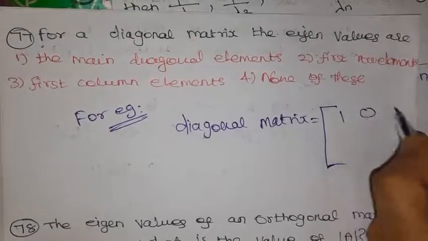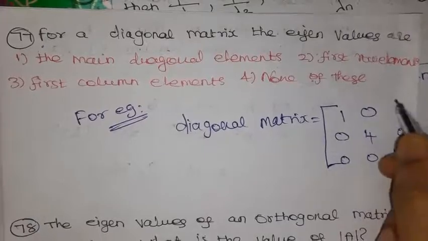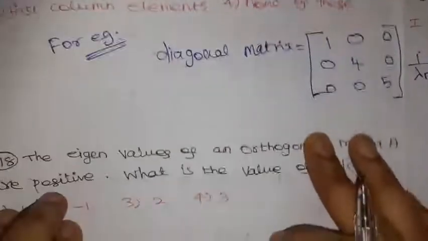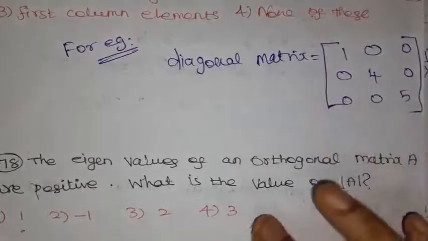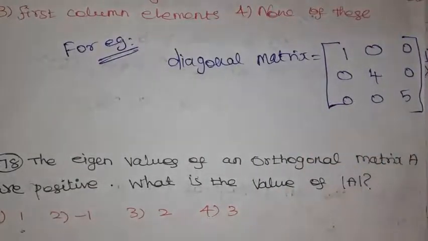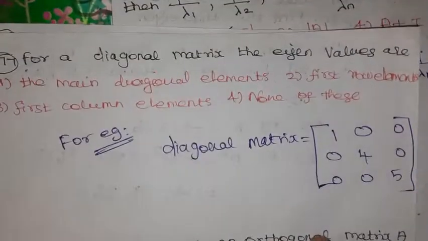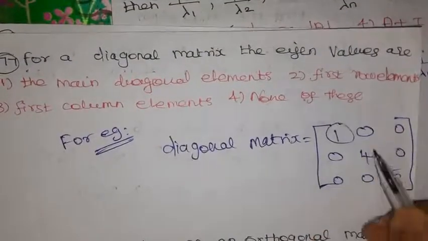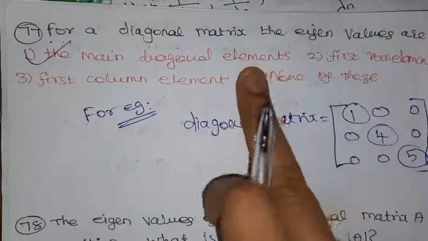The remaining part is 0. 4, 0, 0, 0, 5. So, these are the diagonal values. This is an example of a diagonal matrix. It has values only in the diagonal elements, and the rest of the values are 0. So, for a diagonal matrix, eigenvalues are nothing but the leading diagonal elements, the main diagonal elements. Option 1, the main diagonal elements, is the right option.